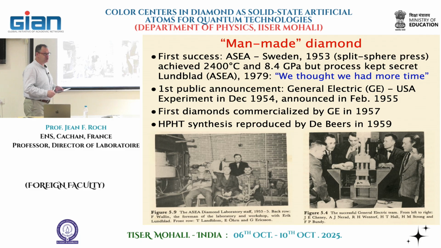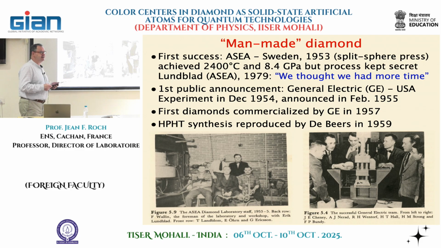And that was a huge effort after the Second World War, not for gems, actually, but because people realized that it was very important to have very hard materials for polishing, for the metal industry, to have cutting tools. And so, of course, you want the hardest material, and the hardest material for that is diamond. So a lot of money in the US and elsewhere was put into the development of ultra-hard materials, especially targeting the synthesis of diamond.